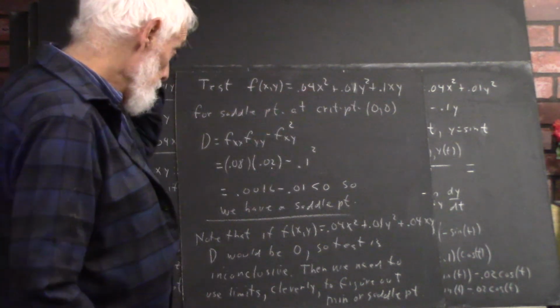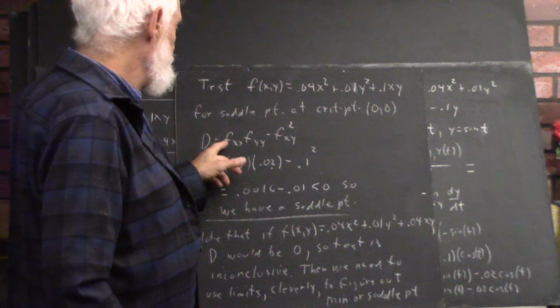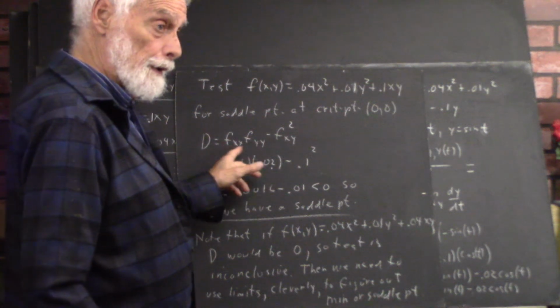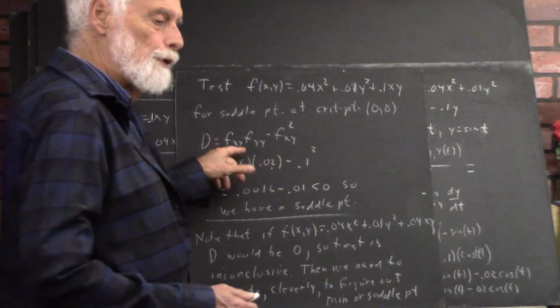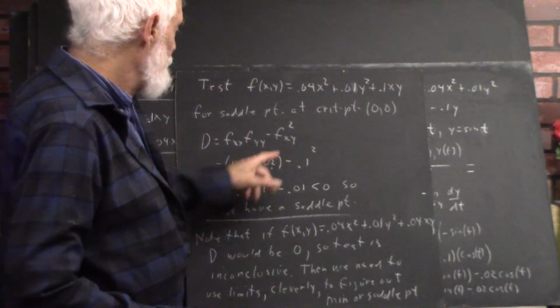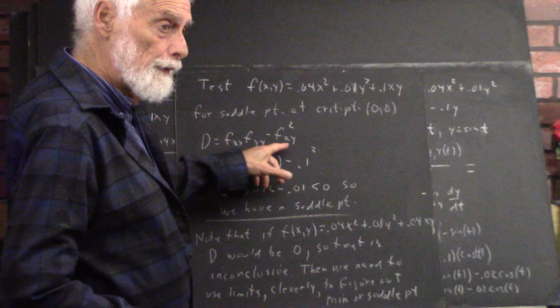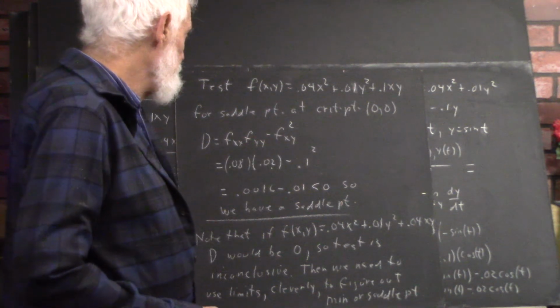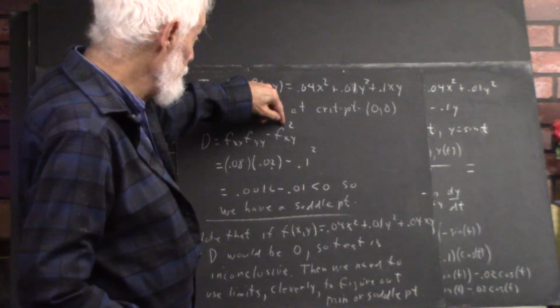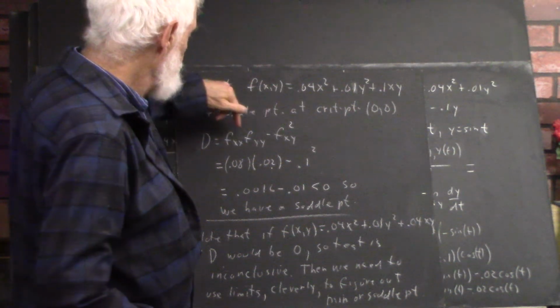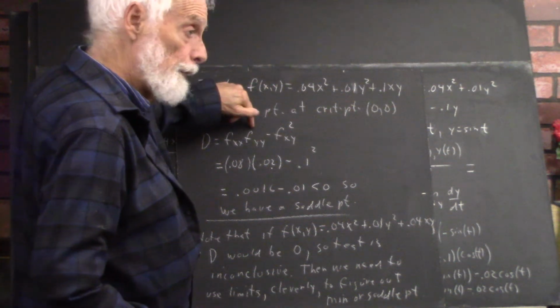And I commented at this point that this is two second derivatives multiplied together. So it's like a squared second derivative, but two different second derivatives. This is a squared second derivative of fxy.